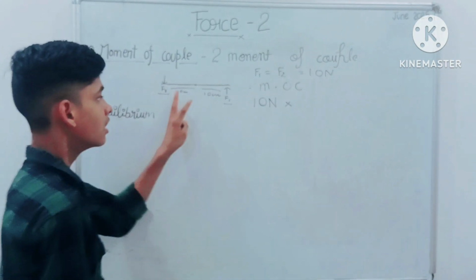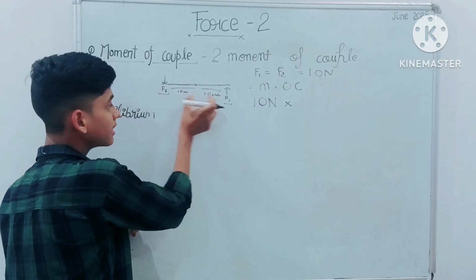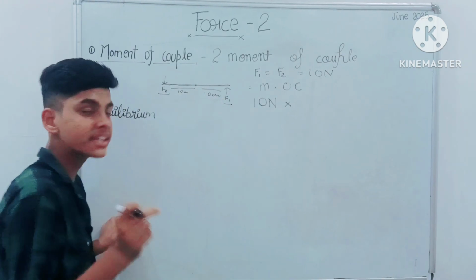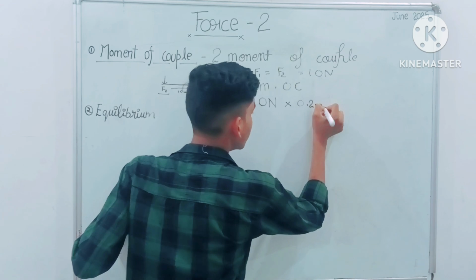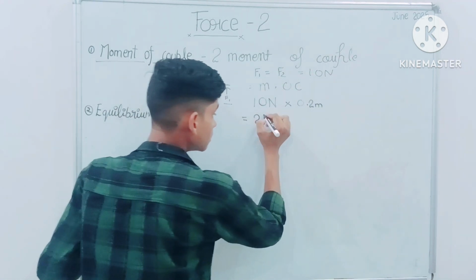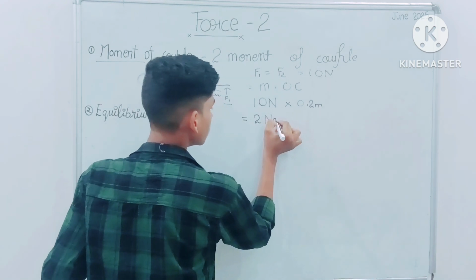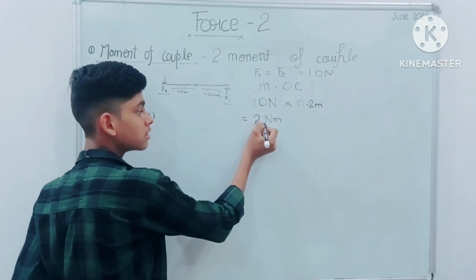We always take distance in meter. So 10 centimeter plus 10 centimeter is equal to 20 centimeter, which is 0.2 meter. If we multiply it, then it will come to 2 Newton meter.